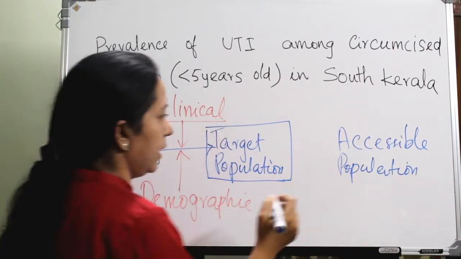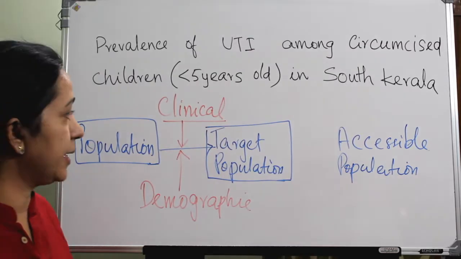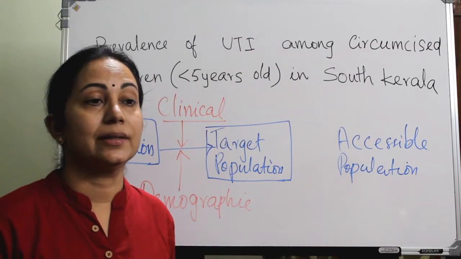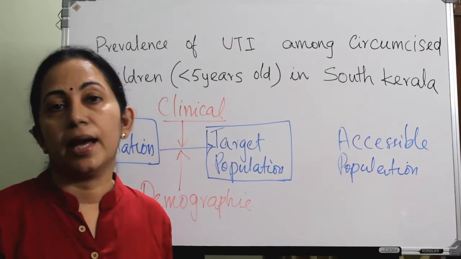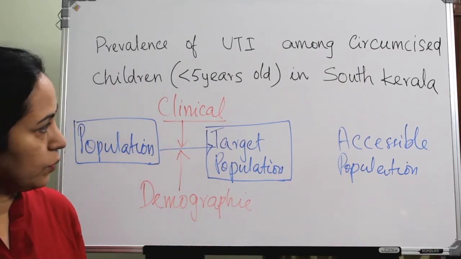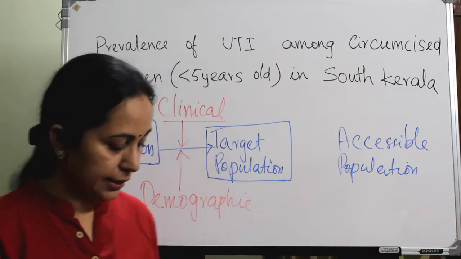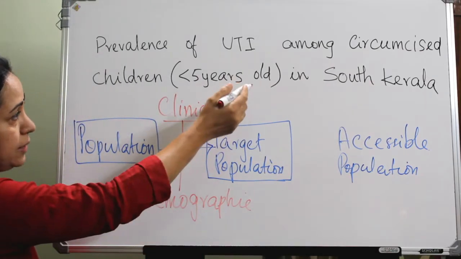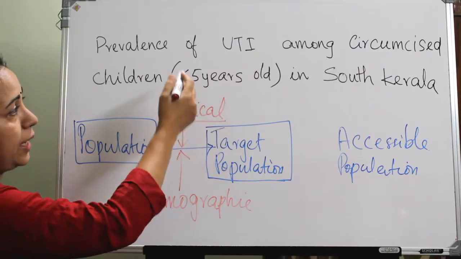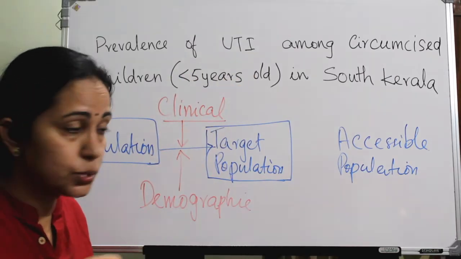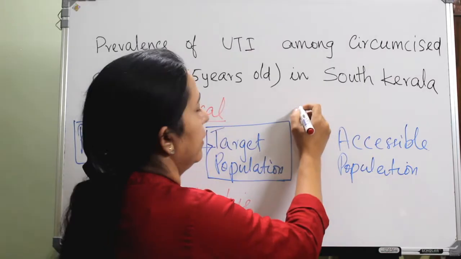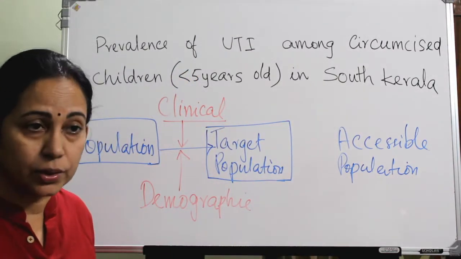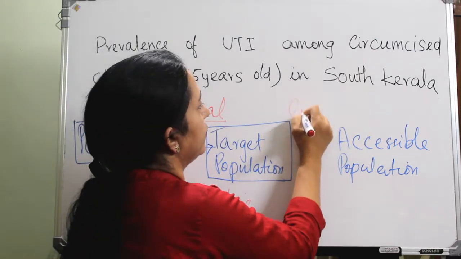This accessible population is derived from the target population depending on the geographical and temporal characters. What is the geographical character? That is, children who have undergone circumcision and are less than 5 years old attending the pediatric OPD of Government Medical College, Trivandrum. So that is geographical.